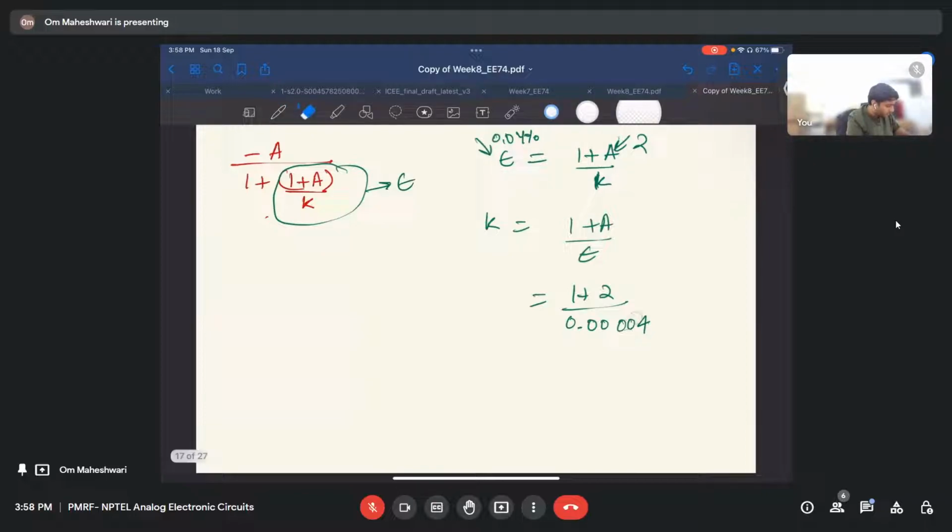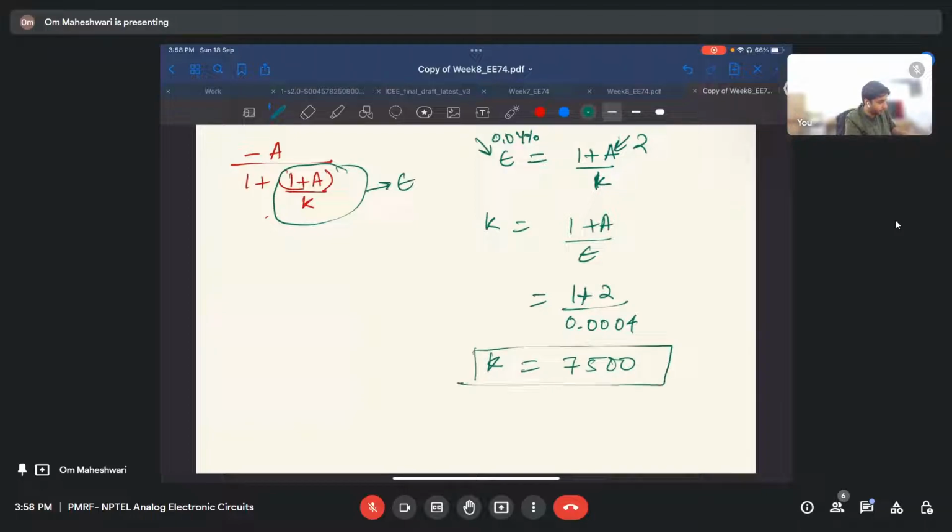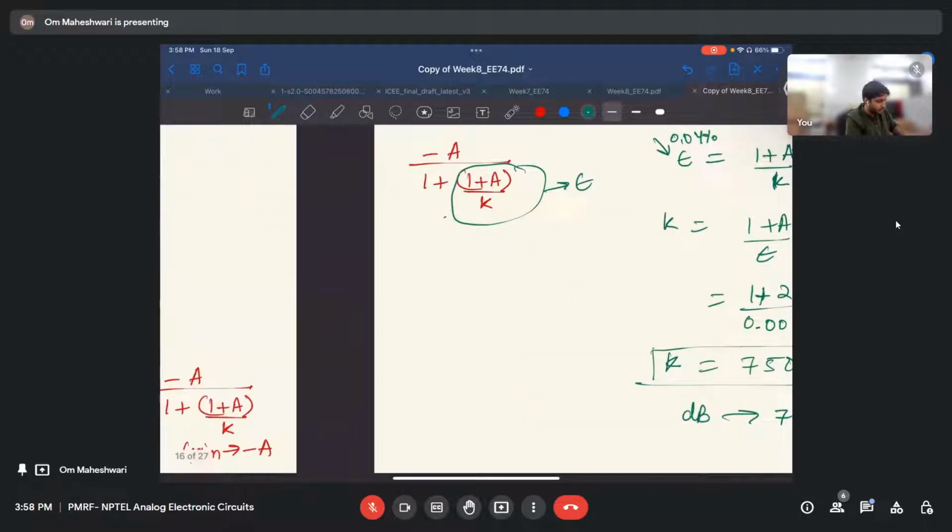I think a 0 is extra. Let's check, 0.04. So we will get 7500. So this should be the minimum gain of the open loop amplifier. And in dB, it will be 77.5 dB. 20 log 7500 equals this. So this is the answer.